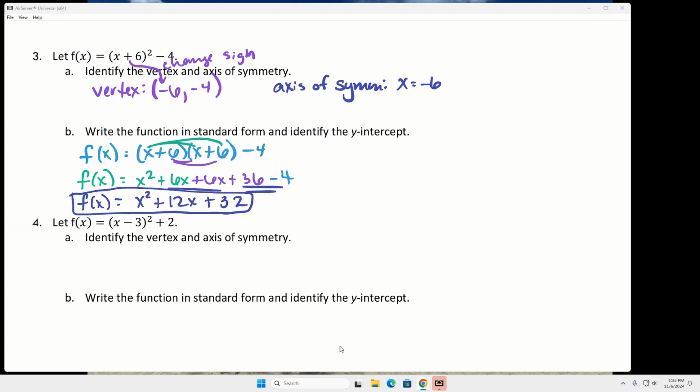And then the y-intercept, once it's in standard form, the y-intercept is really easy. It's just going to be the c value, or the very last number, or the number that doesn't have an x.